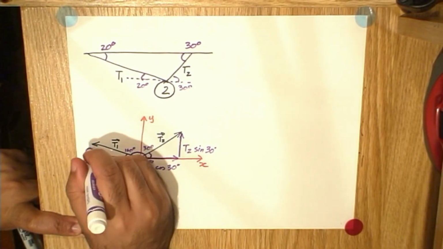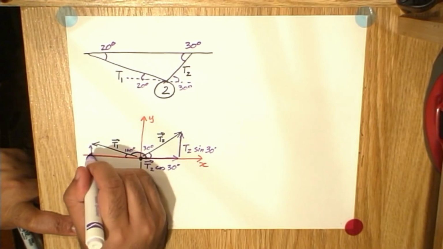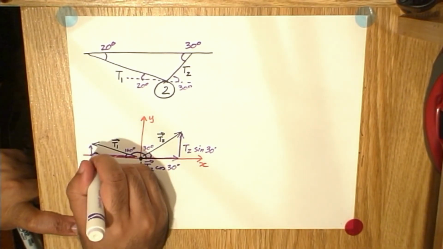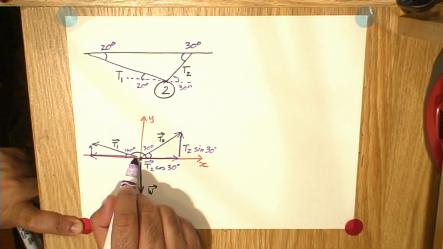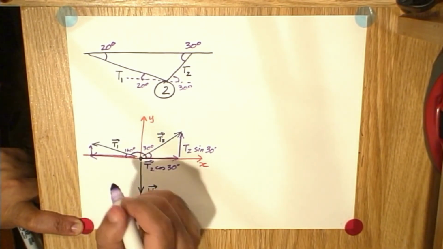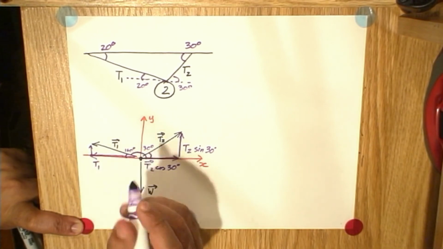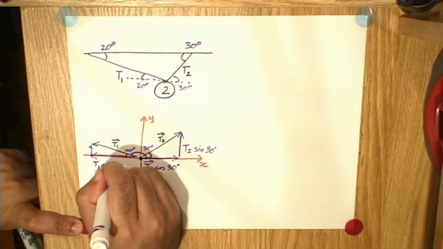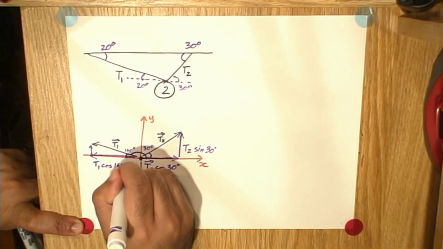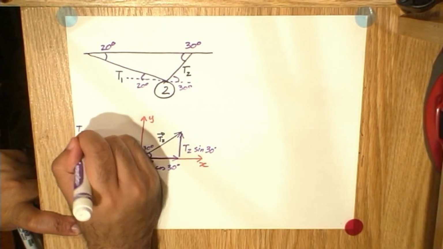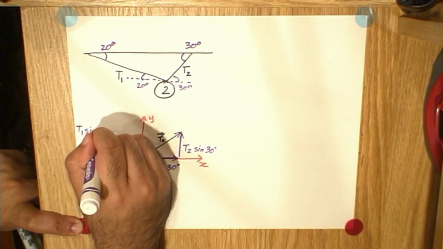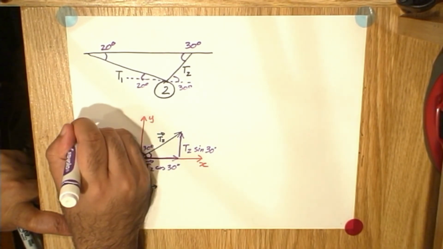What about for T1? It can be broken down into its rectangular coordinates as well. So this horizontal part is going to be T1 cos 160 degrees. And this vertical part is going to be T1 sine of 160 degrees.